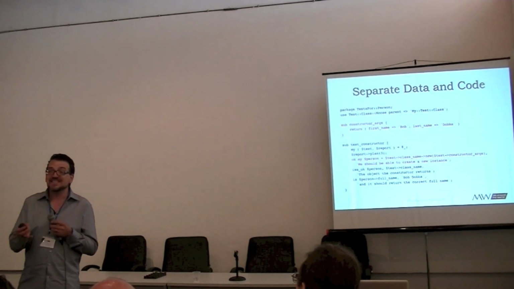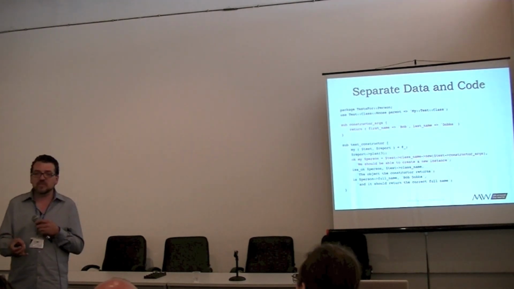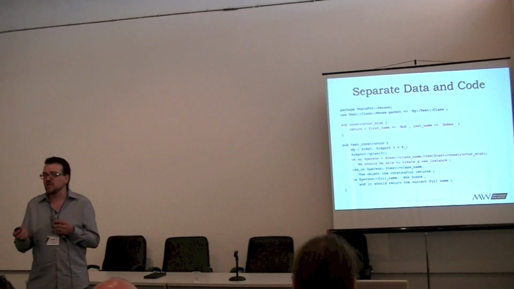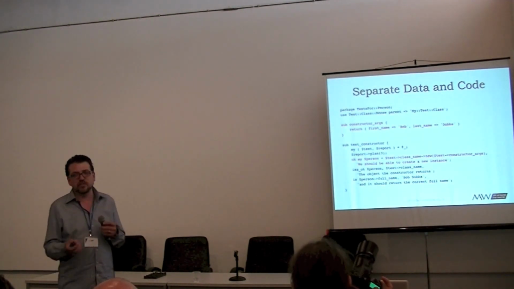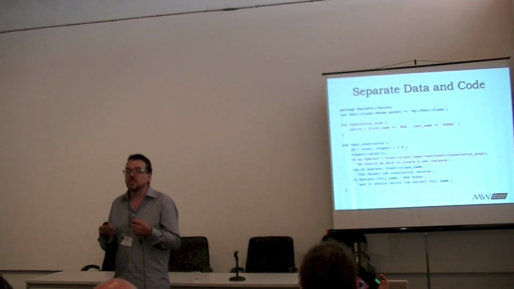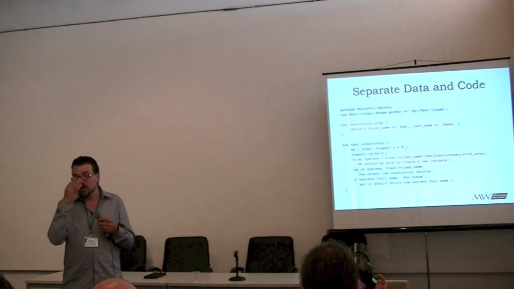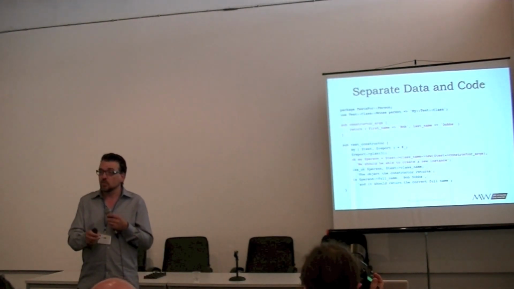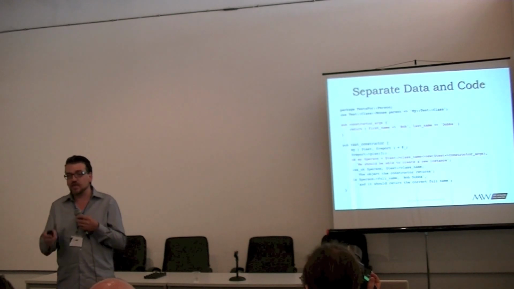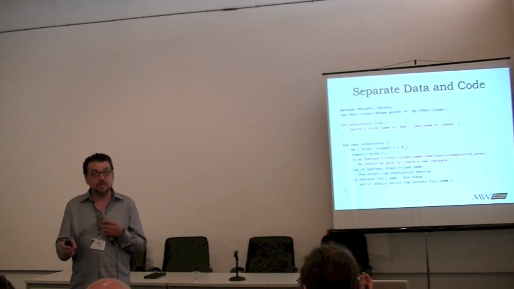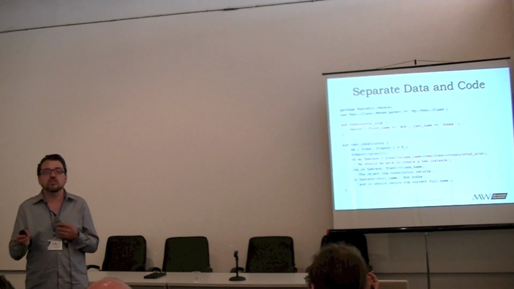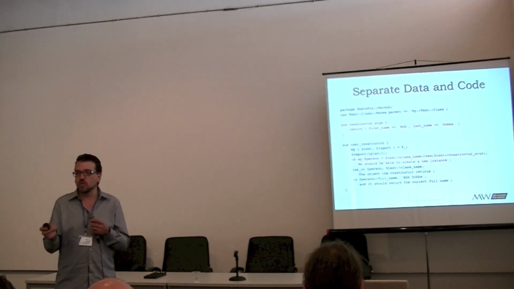Your test code has data. This is what makes it hard. We talk about fixtures. We talk about how to manage fixtures. We talk about all sorts of complicated issues with this, which I won't even go into. But your test code has data, which makes it fundamentally different from your actual code. And you don't want your code to be sloppy, so you've got to consider this difference in your code. So in this case, separate the data from the code.